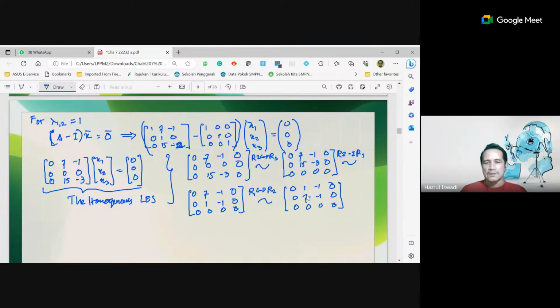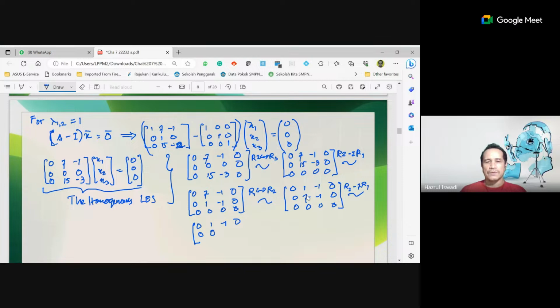We do the operation row 2 minus 7 times row 1. We have 0 1 minus 1 0. This will be 0, and this will be 0, and this must be minus 7 times minus 1, 7, added to minus 1, so we will have 6. 0 0 0 0.